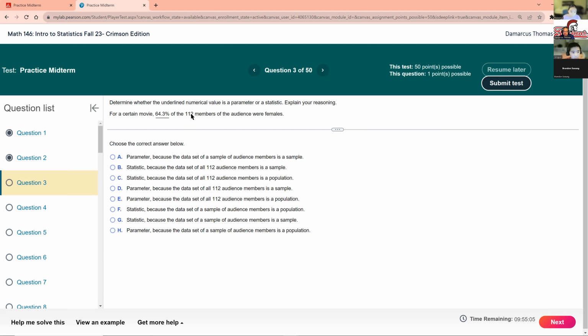Well, if we're talking about the audience, of the 112 members of the audience, wait, okay, for a certain movie, 64.3% of the 112 members of the audiences were females. All right. So to me, the entire population was 112.